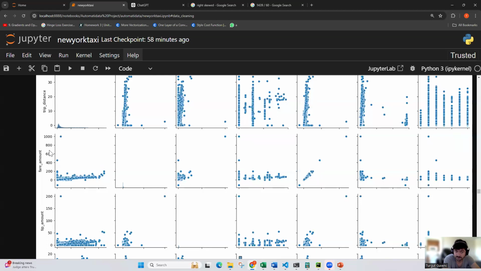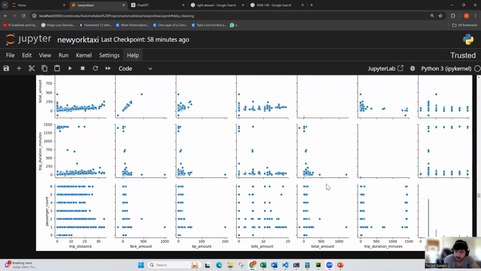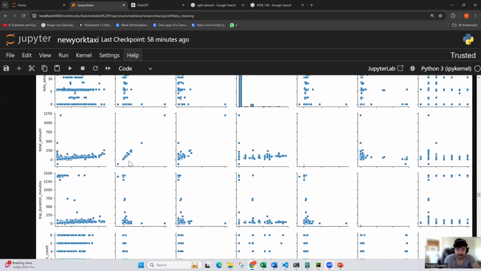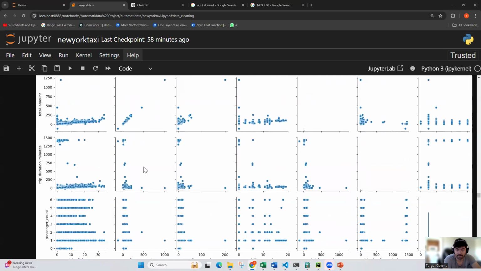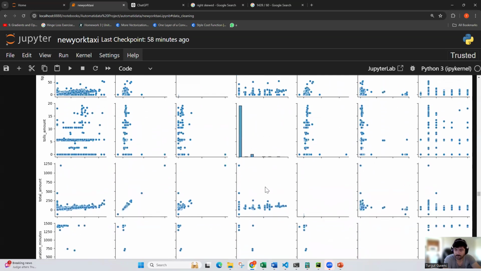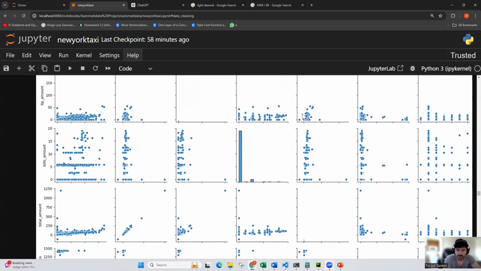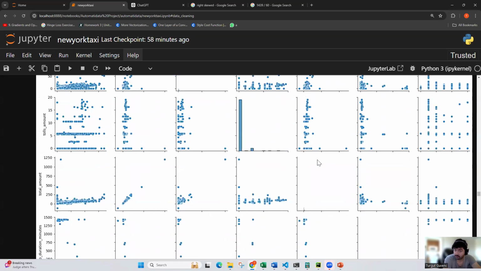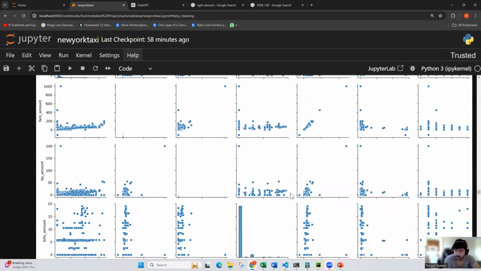For example, fare amount has really high correlation with total amount, which makes sense, right? Total amount is probably the fare amount. Let's find another one. There's a little correlation between tip amount and total amount too, for example, here, right?